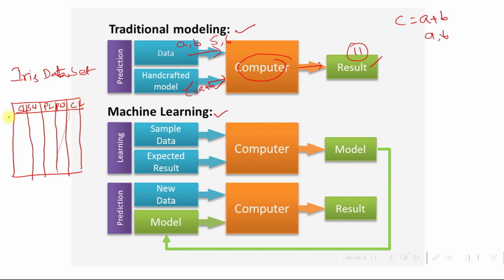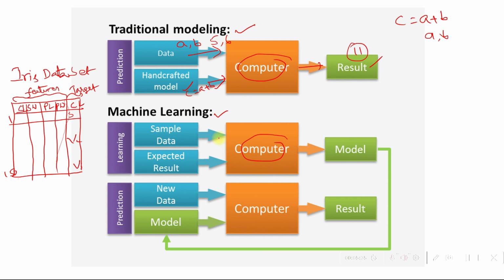Here it contains 150 instances. The class labels are Setosa, Versicolor, and Virginica. So for the machine learning, for the computer, we have to provide some features, like sepal length, sepal width, and petal length, and the class label is called the corresponding target variable or expected output.